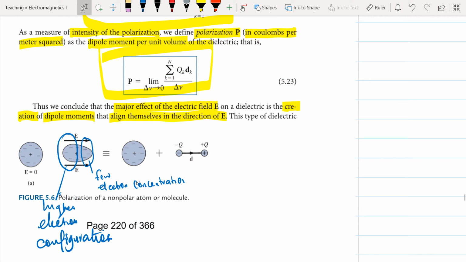So we are saying that when you apply some field on this atom, then you find some higher concentration of electrons on the direction from where the electric field is coming from, and a lower concentration of electrons in the direction in which the electric field is directed. And the end result is that this is equivalent to this.